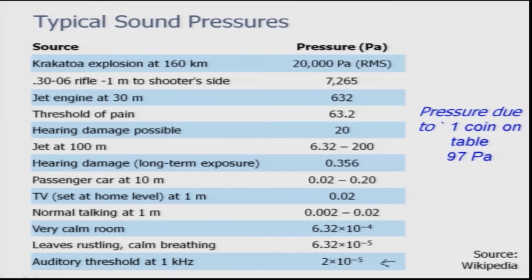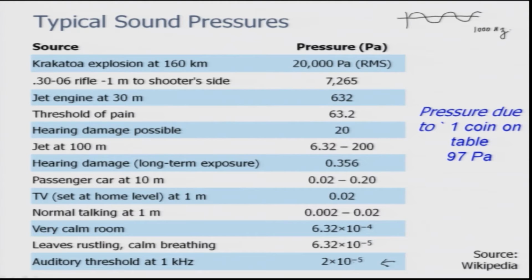So what I am saying is that initially there is no sound in the room, so the value of lower case p is 0, and then I produce a sound wave, and let us say it is harmonic and its frequency is 1000 hertz, and the amplitude of this wave is such that the RMS value of this 1000 hertz tone is 2 into 10 to the power of minus 5 pascals.